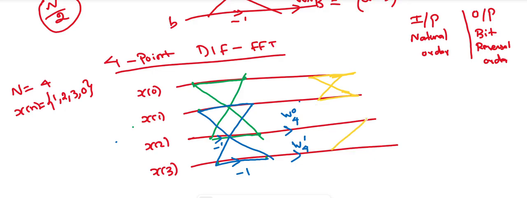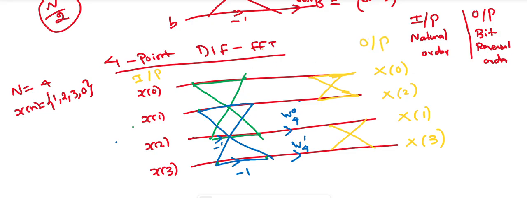The input should be in natural order and the output should be in bit reversal order: X of 0, X of 2, X of 1, X of 3. These are the output sequence.